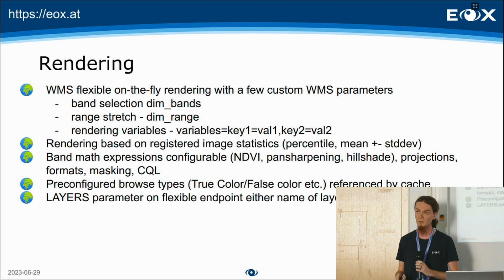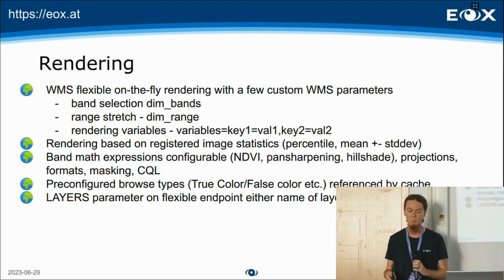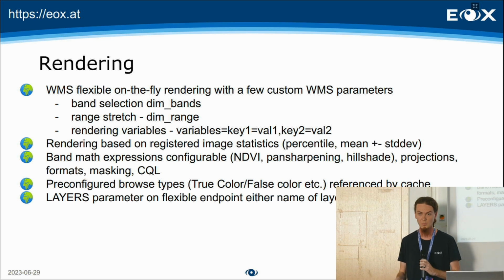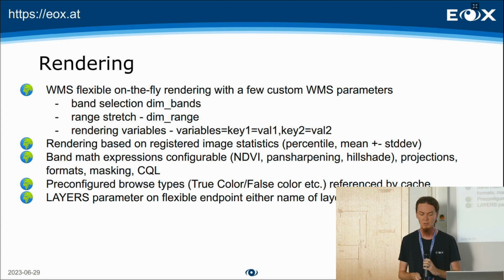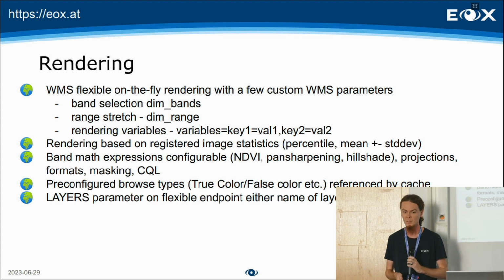Rendering. So we are quite proud of how flexible and how configurable the WMS rendering is. Any type of observation data that you can think of, it probably has been used with view server.